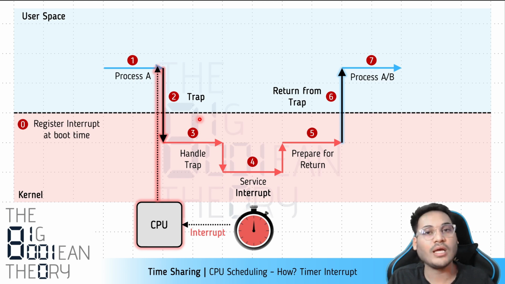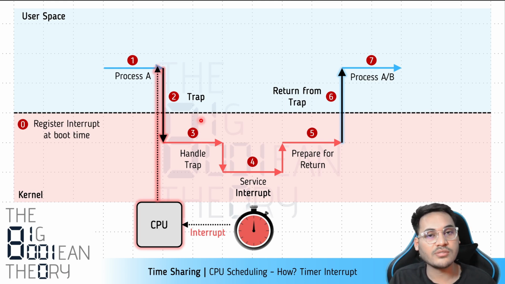At a later point in time, it will have to be resumed. So you have to pause the process, and while doing that, you have to save all of the registers, because the registers contain the state of the current execution. You have to save them so that at a later point in time you can restore those registers and resume the halted process exactly from the same point where you are halting it.